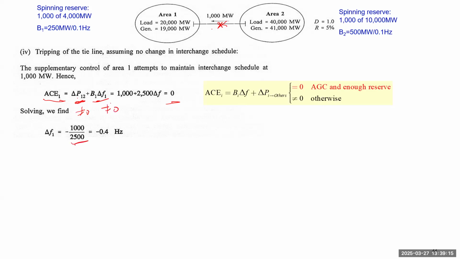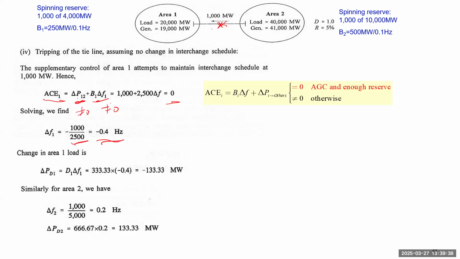So frequency deviation will be negative 1,000 divided by 2500. So that will cause a 0.4 hertz decrease. So area 1 will have a load decrease.